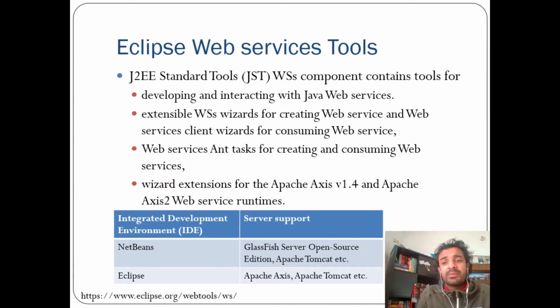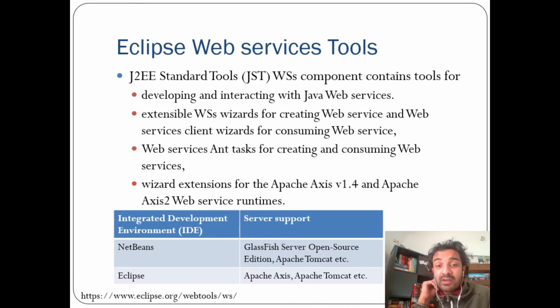tools. Eclipse has an Ant which builds and deploys various projects. Now Eclipse web service tools also contain a web service Ant that creates and consumes web services, meaning build, deploy, and the client can use this kind of web service. So all the create, build and deployment is analyzed and processed by the Ant.